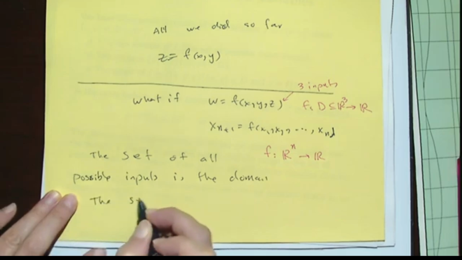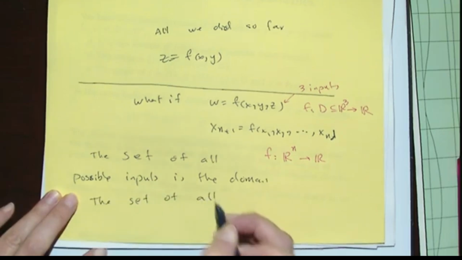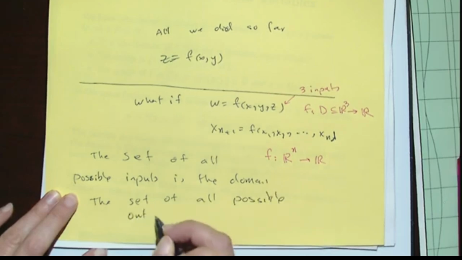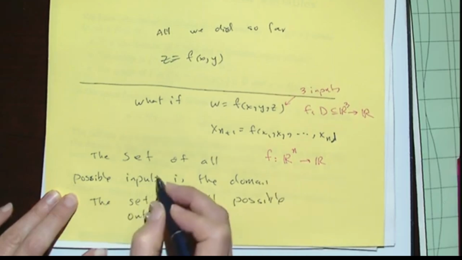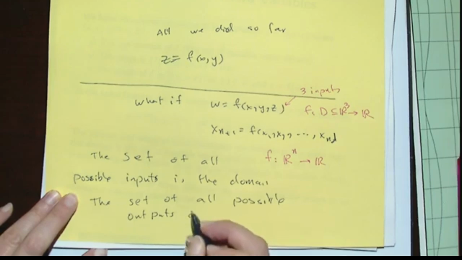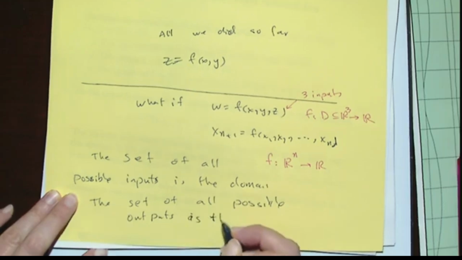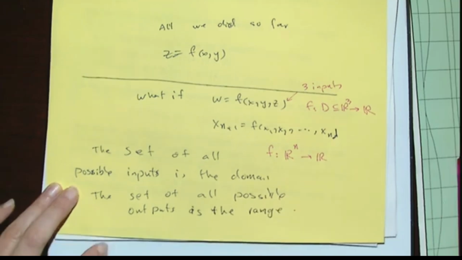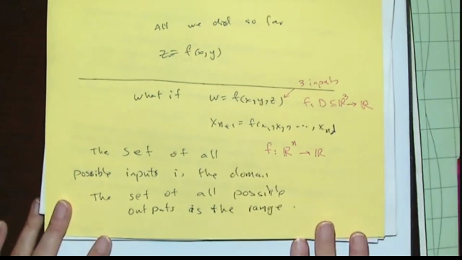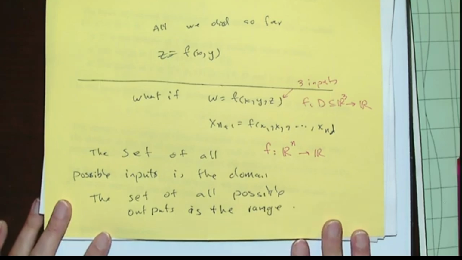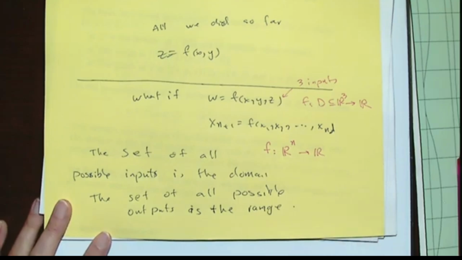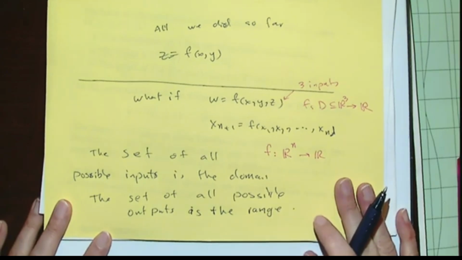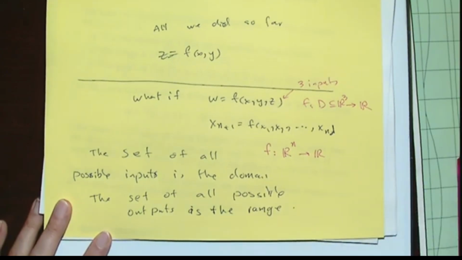The set of all possible outputs is the range, right? The only little problem that appears, unless you're very clever, there are clever ways of graphing this.